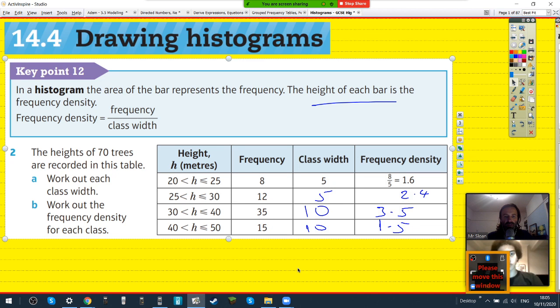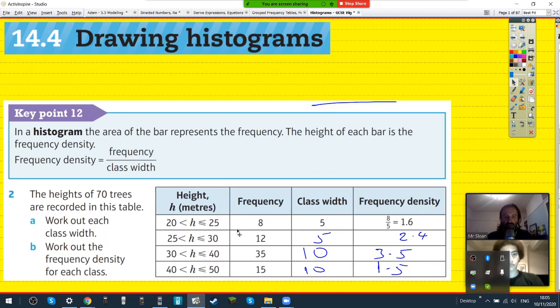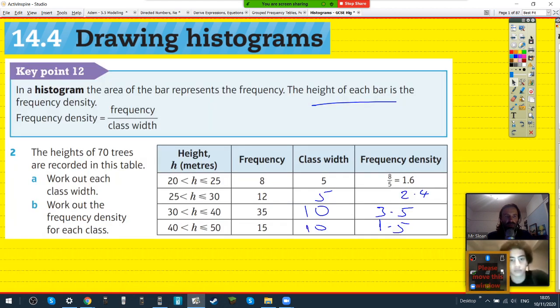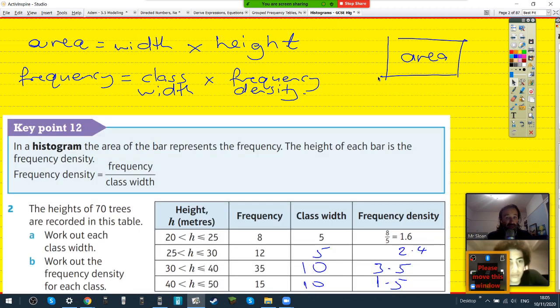Let me just take this and put it down here. Copy that, bring to here, paste. So the first one, the class width is 5 and the frequency density is 2.4.